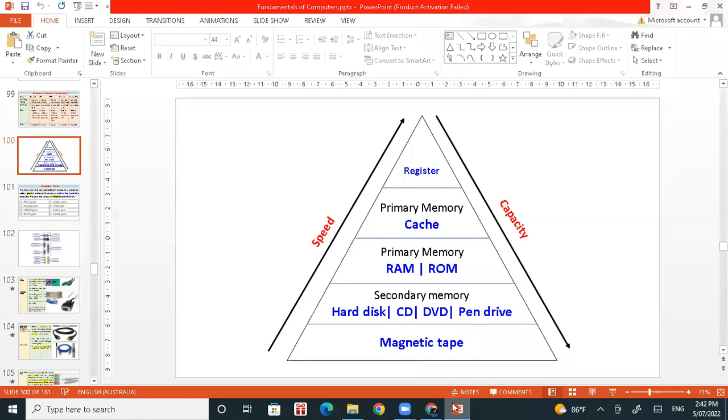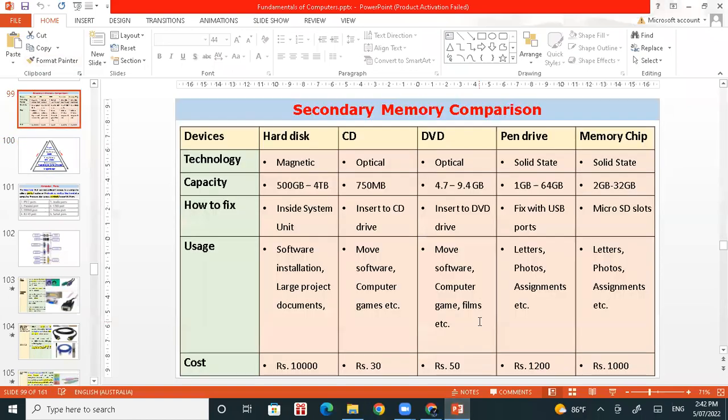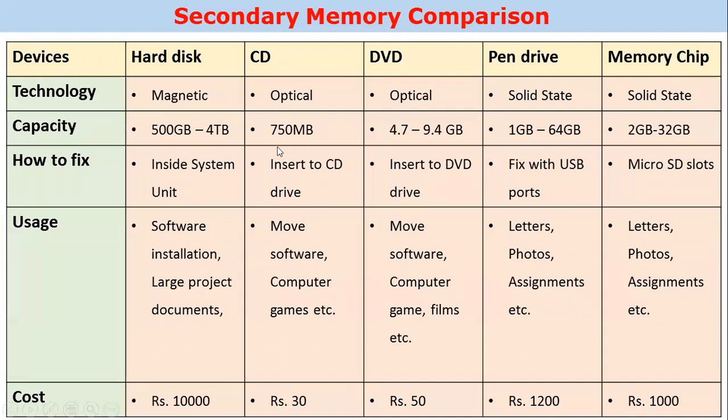Then we'll go back to our presentation. Hard disk. Then consider the CD and DVD. Normally, if you want to play a CD or DVD in your computer having a CD drive, once you open the CD drive, there is a tray.